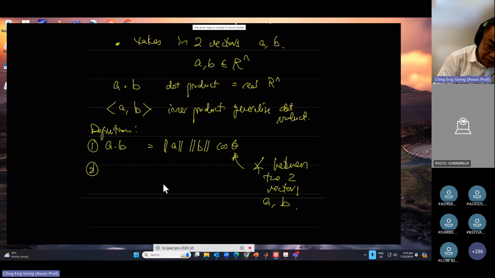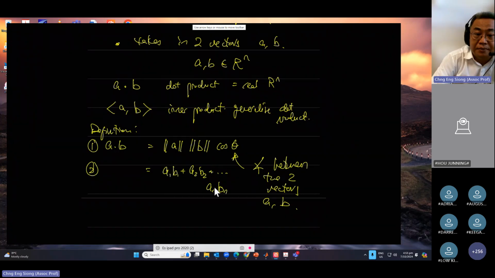The second way, a dot b can also be calculated as a1 b1 plus a2 b2 plus dot dot dot an bn if we are in the Rn space. So it's saying to take the first element of a. When I say a1, it is the first element of a, and b1 is the first element of b.